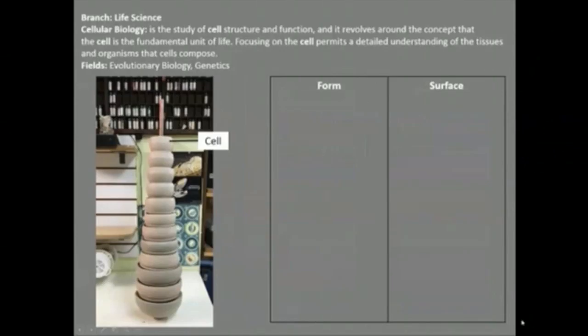So if we're thinking about an aerial view or a profile view of the form, does it stay as a platform? Does it morph into a more dimensional form?